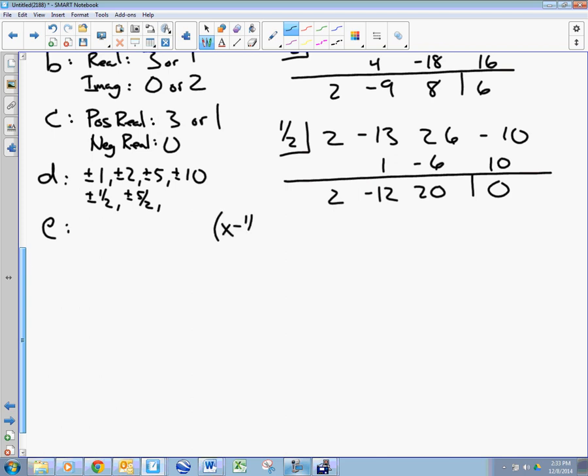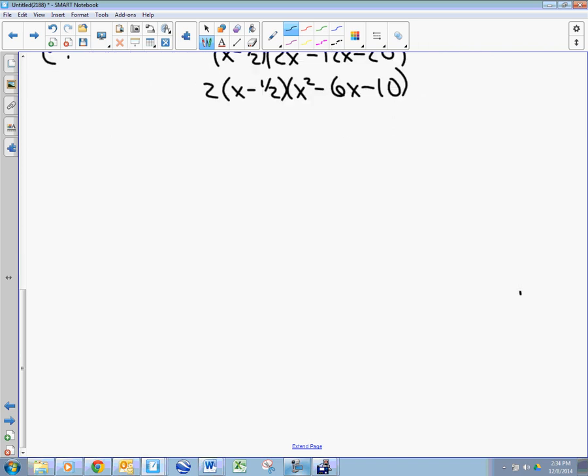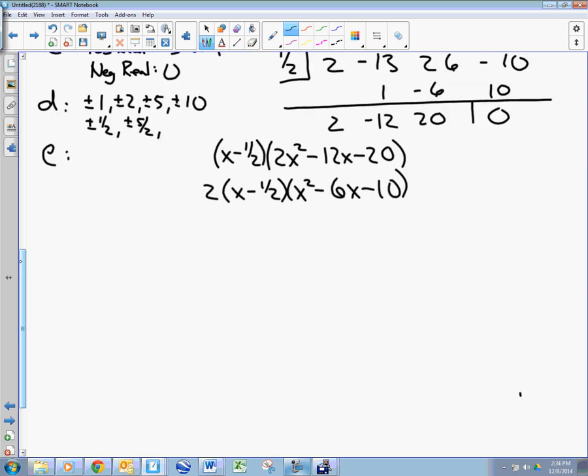So I have x minus a half times 2x squared minus 12x minus 20. Does that factor? Take out a 2. Does that factor? No, it doesn't.